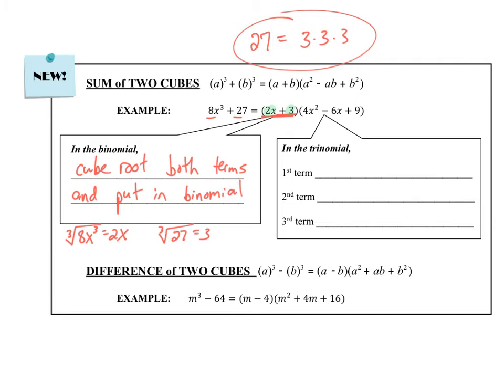In the second set of parentheses, which is the trinomial, 3 terms, the first term is: take the first term in the binomial squared. So you take the first term, which would be 2x, and you square it. So 2x times 2x is 4x squared. The middle term is: multiply the terms from the binomial.